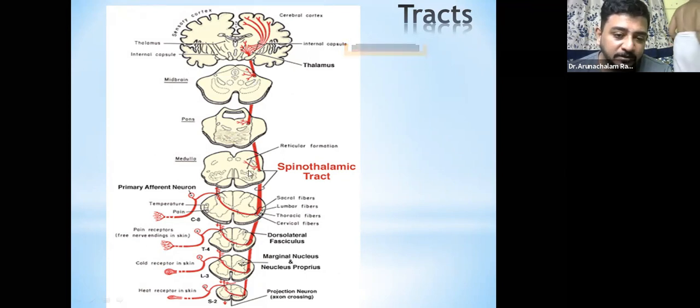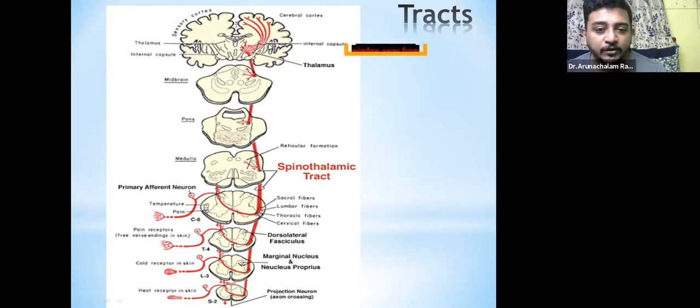In the brain stem, it crosses the medulla, pons, and the midbrain, and it is going to relay in the thalamus. In the thalamus, the second order neuron will end, and the third order neuron will arise, and it will go to the sensory cortex in the brain. Got it? So three order neurons are there. The first order up to the posterior horn cells, the second order up to the nucleus in the thalamus, the third order from the thalamus to the sensory area of the cerebral cortex.